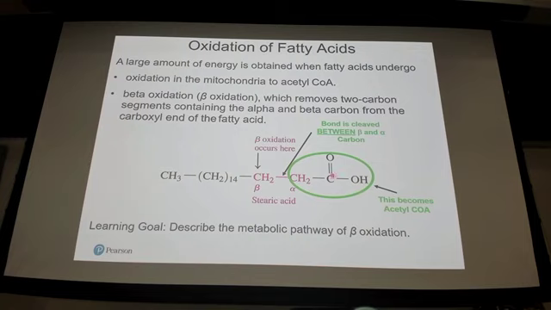So the bond is broken here. This is the beta carbon, the alpha carbon. The bond is broken here. This molecule becomes acetyl-CoA. And this is done in a two-step process until all you have are acetyl-CoA molecules.